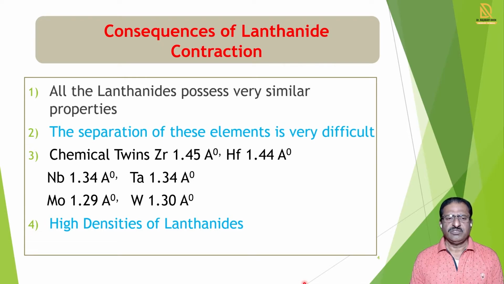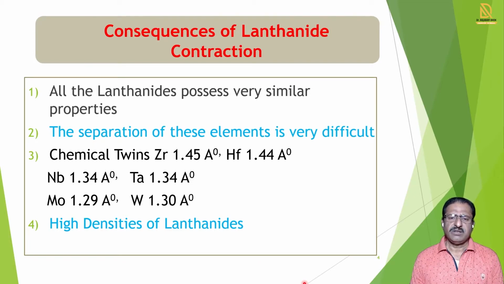If we see the different elements from lanthanum to lutetium, the difference in atomic radius and ionic radius is very small, and because of that all the elements possess very similar properties. The physical and chemical properties are nearly the same.